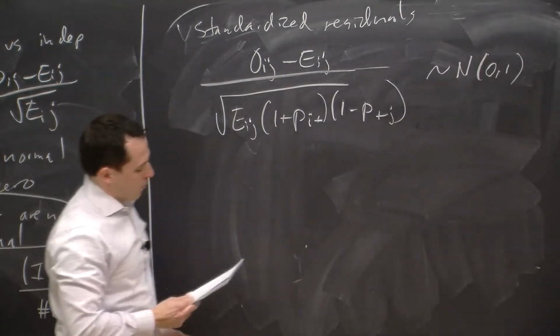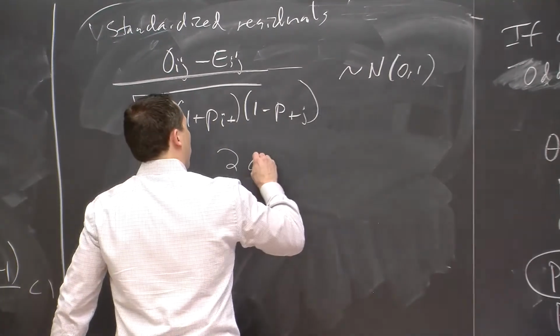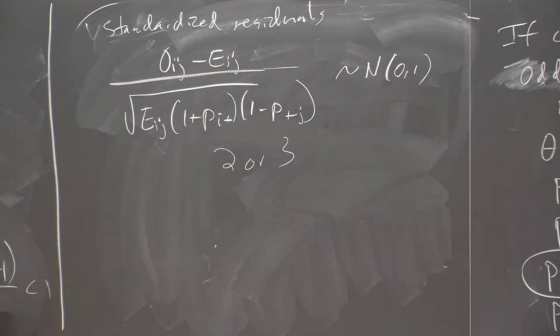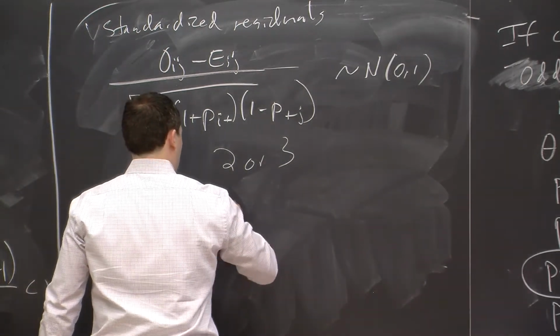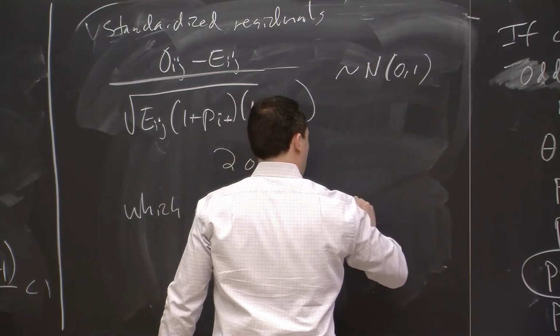So you can use a rule of thumb of 2 or 3. If it's bigger than that, that's sort of an interesting thing. Another way to think about it is that when you compute these standardized residuals for the whole table, it's telling you which cells in the table are really the ones responsible for pushing you away from independence, which cells defeat independence.